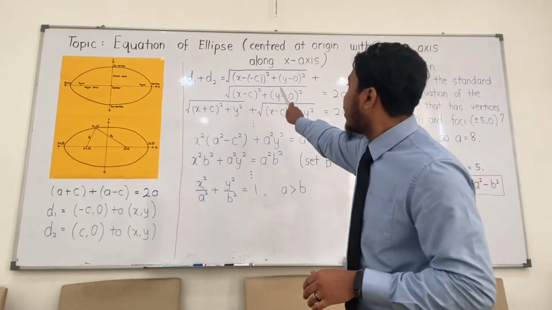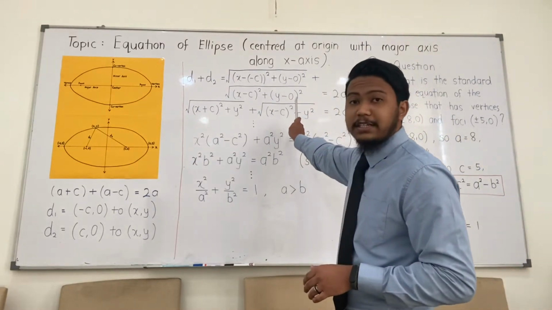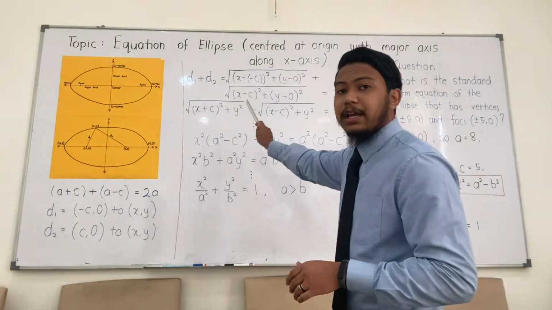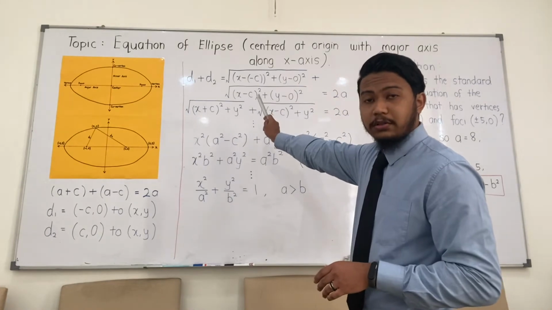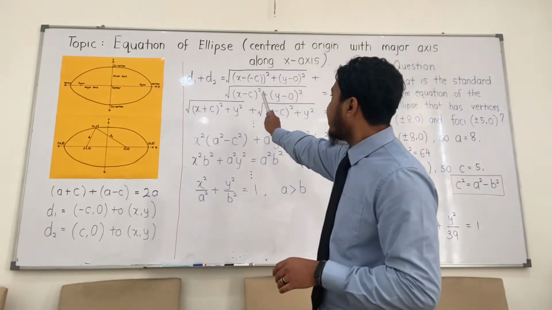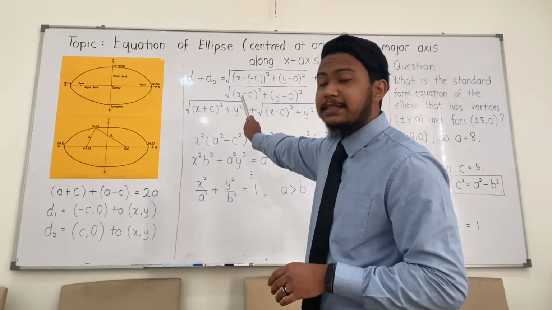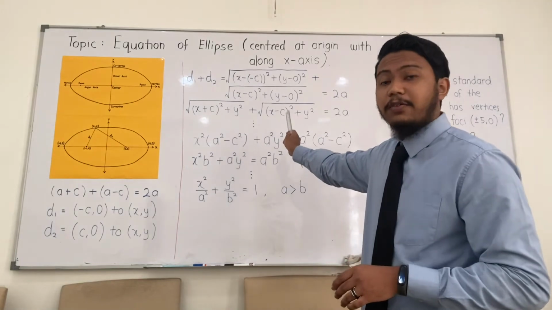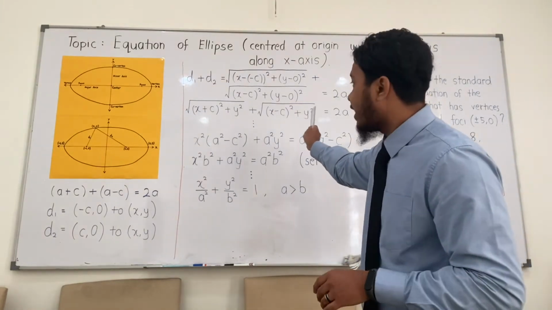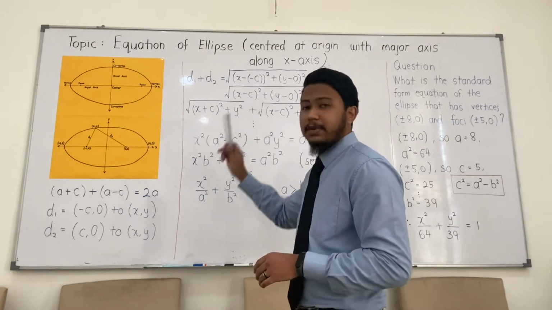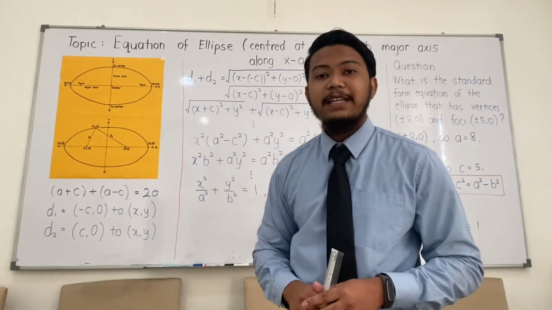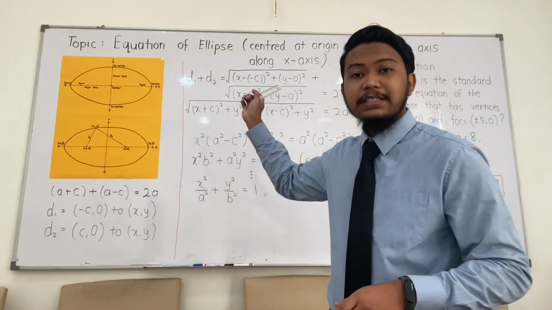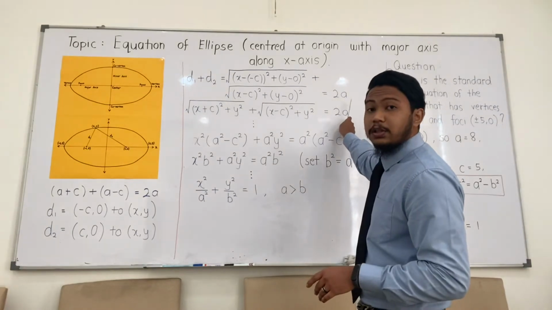As you can see from this equation, d1 plus d2 equal to square root of [(x minus negative c) squared plus (y minus 0) squared] plus square root of [(x minus c) squared plus (y minus 0) squared] equal to 2a.